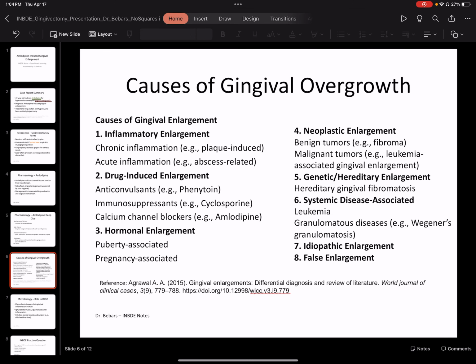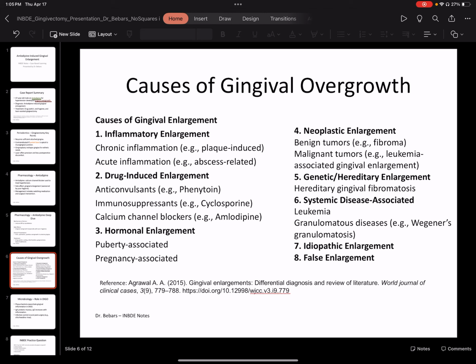For gingival overgrowth differential diagnosis, it can be for many reasons, according to the clinical exam, diagnostic tests and medical history. This is a reference for you. I'm going to read the titles. It can be inflammatory due to bacterial plaque.